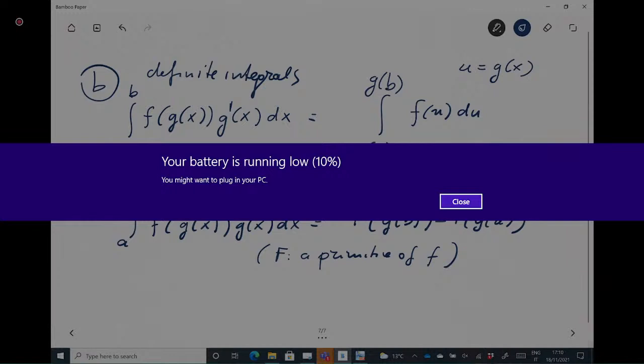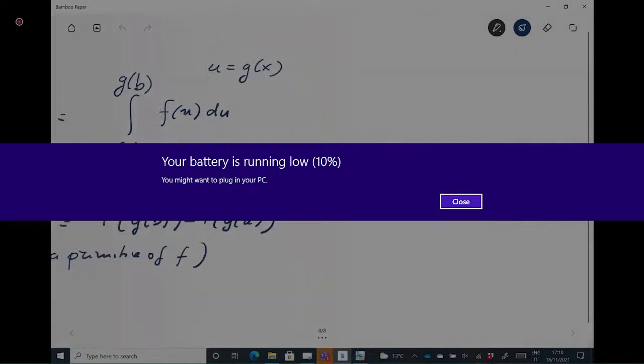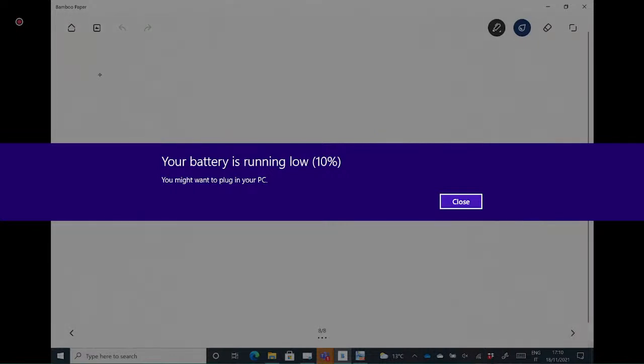Example: it is the integral between 0 and 2 of 3x times 1 plus 0.5 x squared dx.